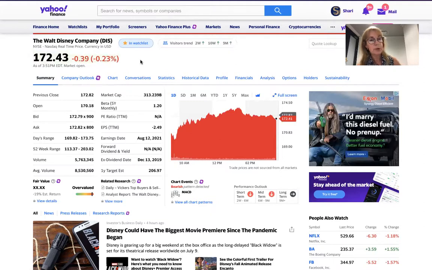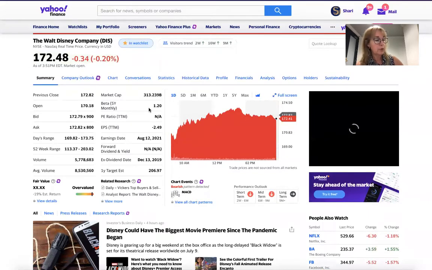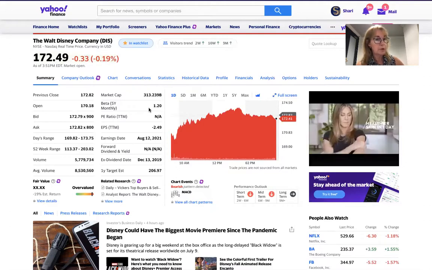So I'm going to take 1.2 times 9, the 12% minus 3%, plus the risk-free rate of 3. And I get a required return of 13.8% for Disney.